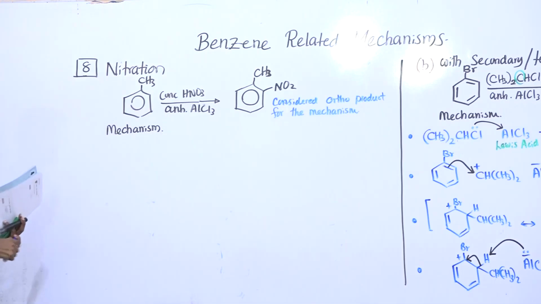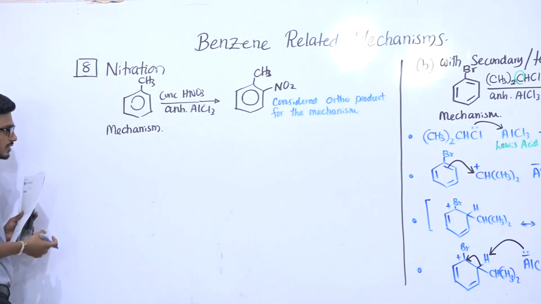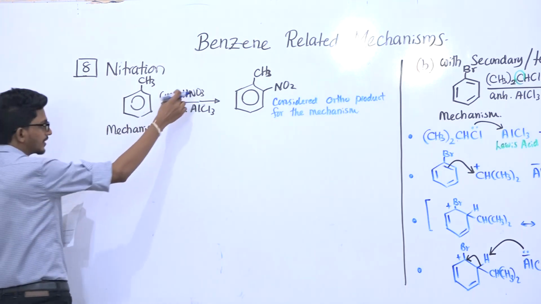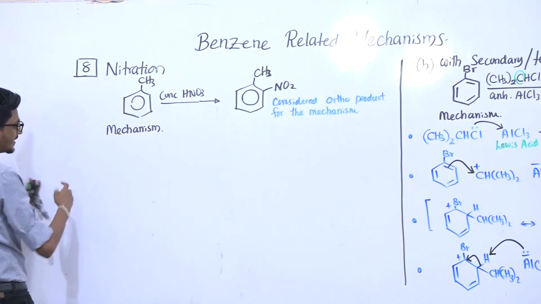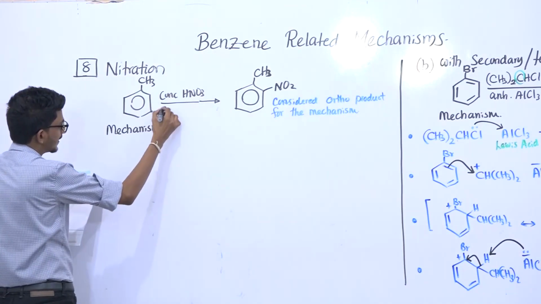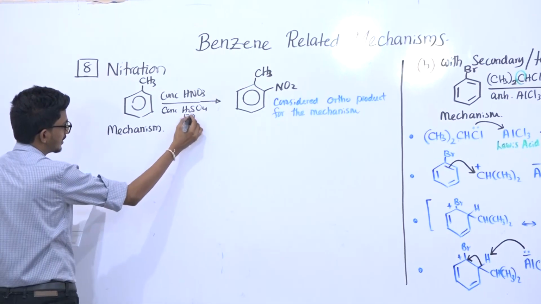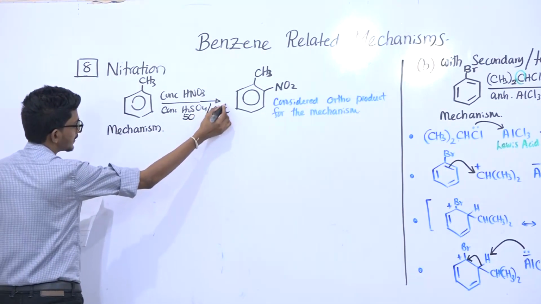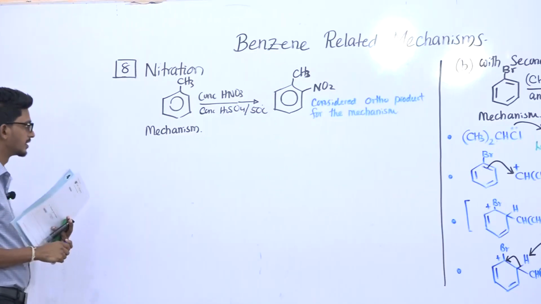Our first step is first step. So this is nitration, right? So consider HNO3 and not the AlCl3, right? So that is not the catalyst. Here is the catalyst. Consider H2SO4. Sorry for that. 50 Celsius normally needed. Right, 50 to 60 Celsius.